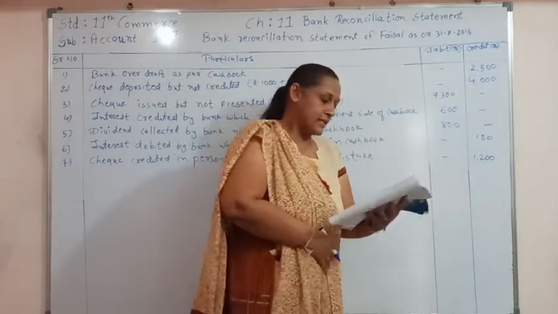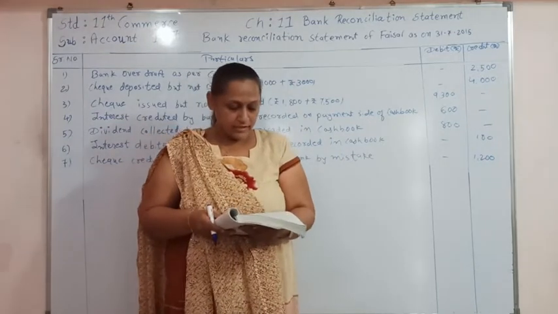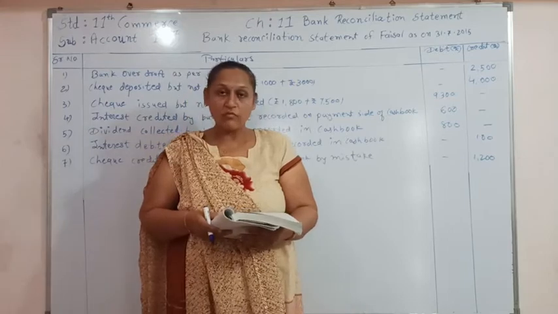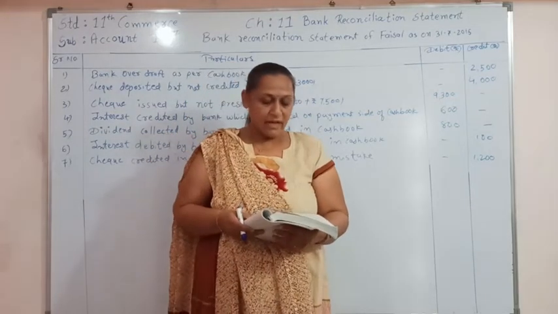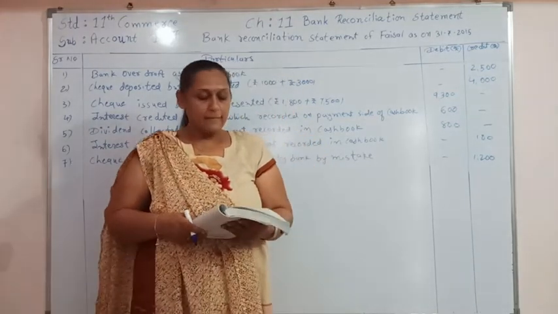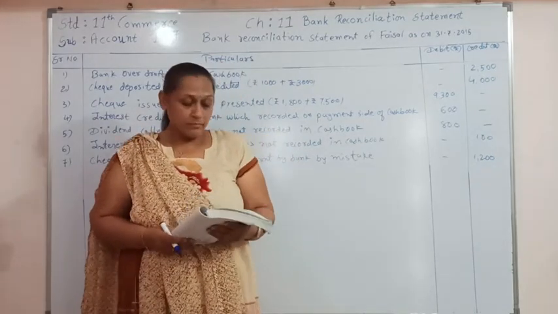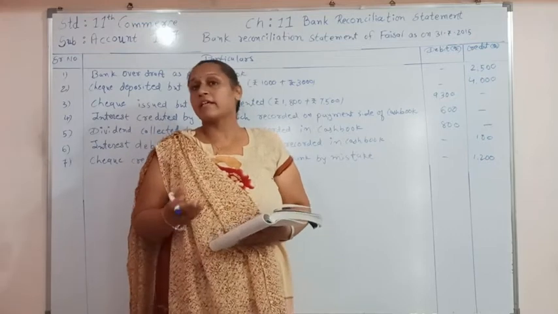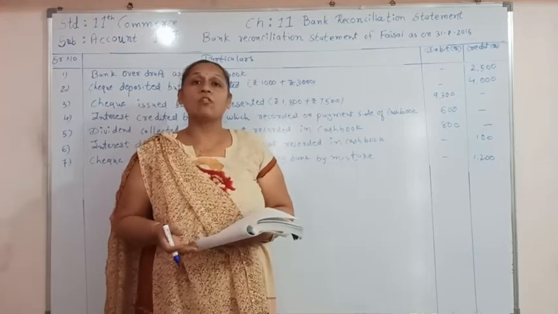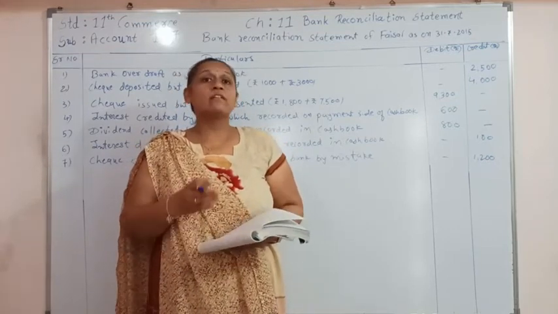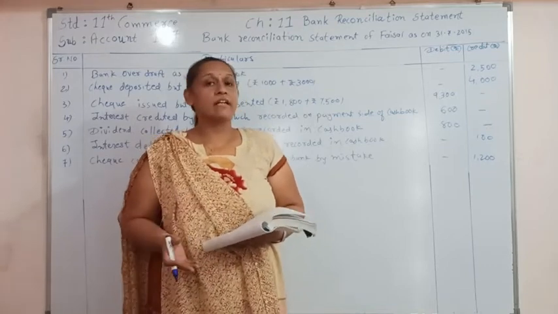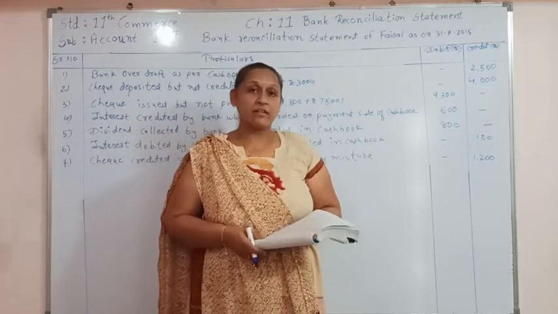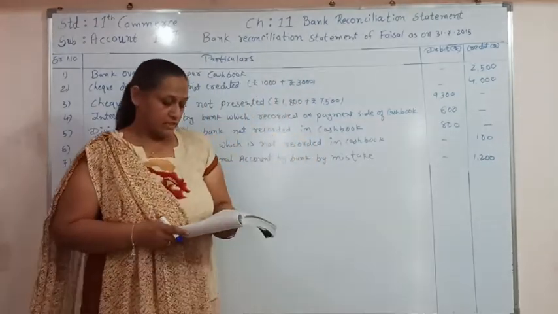Now the next transaction is number 8. On request of Faisal, bank has waived bank charge of 120 which is credited in passbook but not recorded in the cash book. So when charges have been taken by the bank, we record that on the credit side of the cash book. So when the bank waives the charge, that waived charge is supposed to be debited in the cash book, which is remaining. So here we are going to debit it.